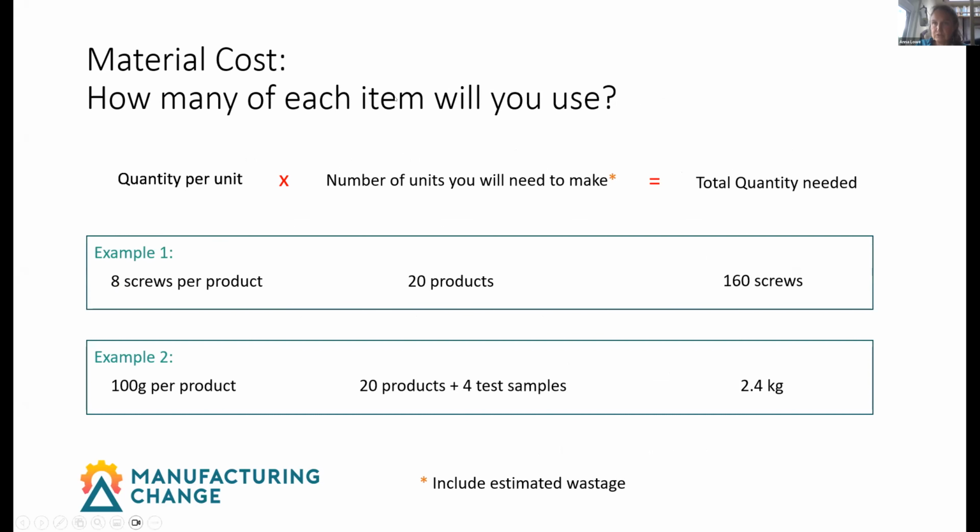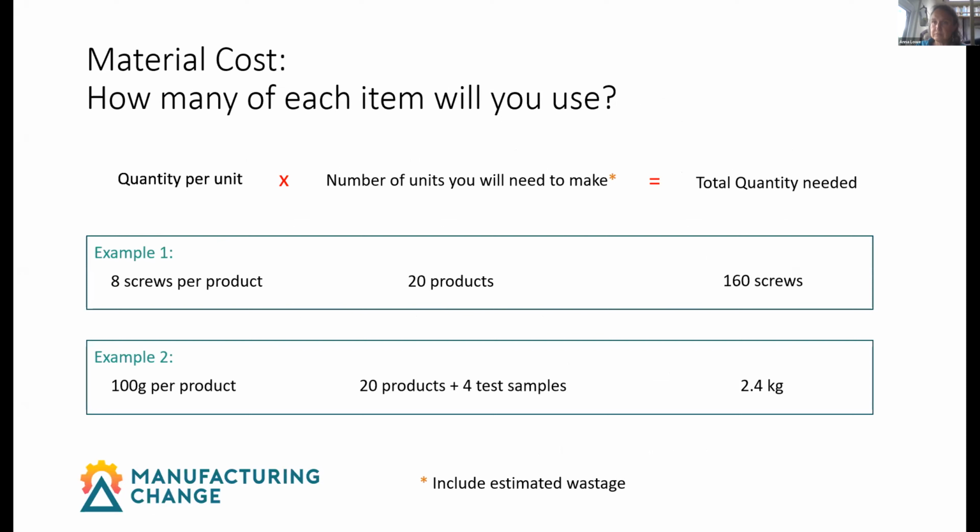how many units you're going to need for a particular order. And that is worked out as the quantity per unit times the number of units you'll need to make. So a simple example to start with, if a bill of materials for something calls for 8 screws per product and you're making 20 products, then you're going to need 160 screws.